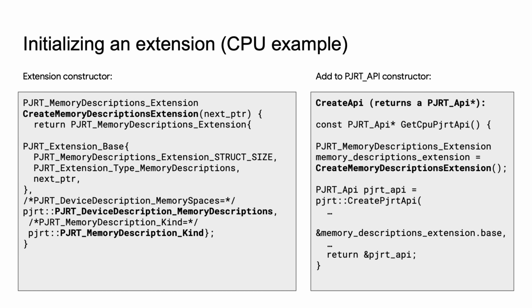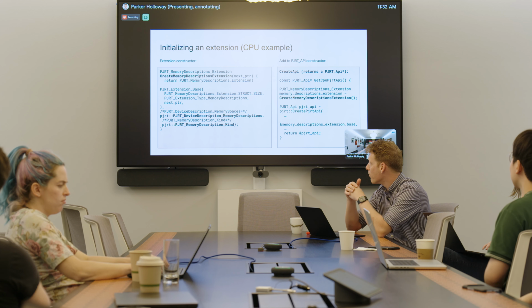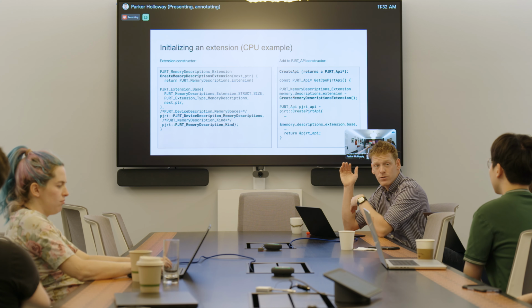What does initializing an extension look like? This is an example from the CPU plugin, the create memory descriptions extension. This is a struct that follows the PJRT extensions struct, and that is made up of this extension base, which provides the number of function pointers that are in the struct.